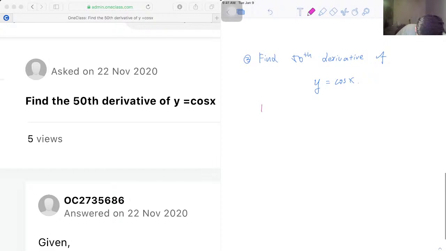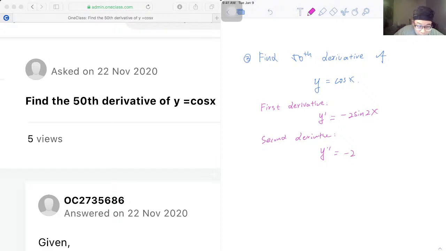The first derivative will be negative 2 sine 2x, and the second derivative will be negative 2 squared cosine 2x.